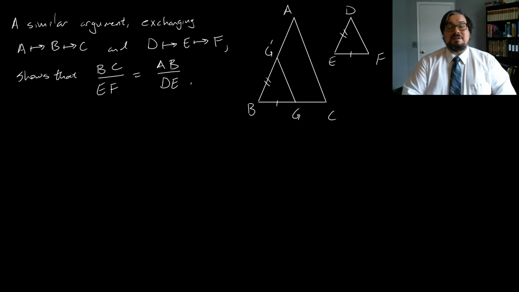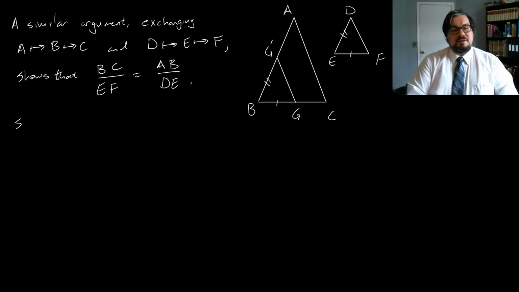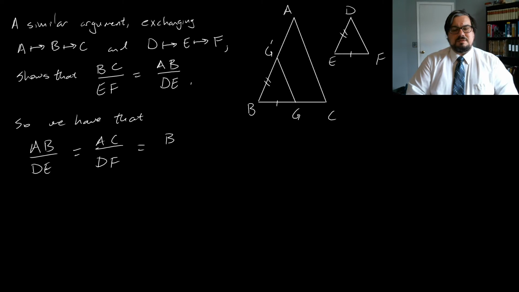So this, combined with the previous result, which showed that AB over DE equals AC over DF, shows that we have that AB over DE equals AC over DF, which equals BC over EF.